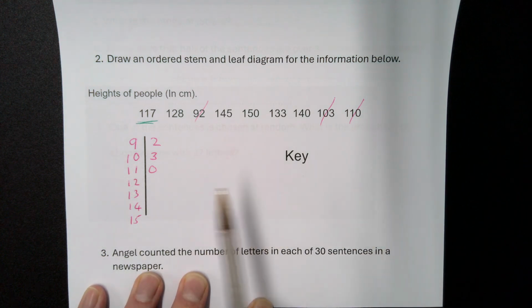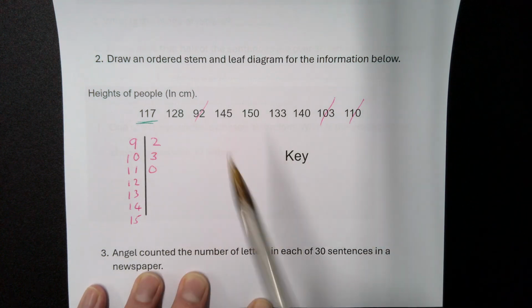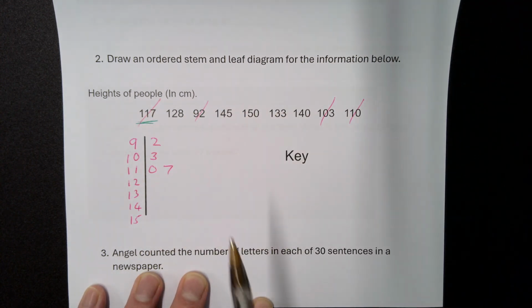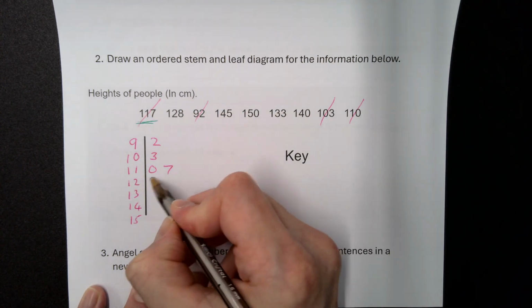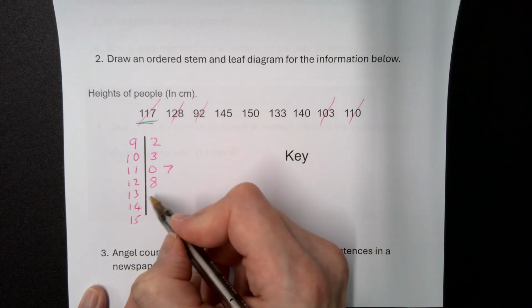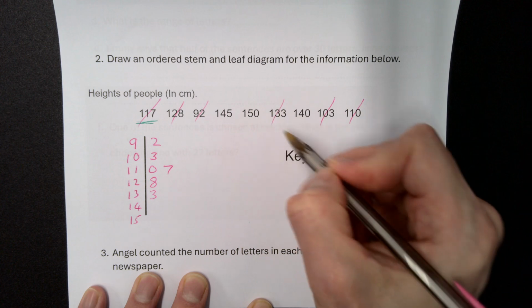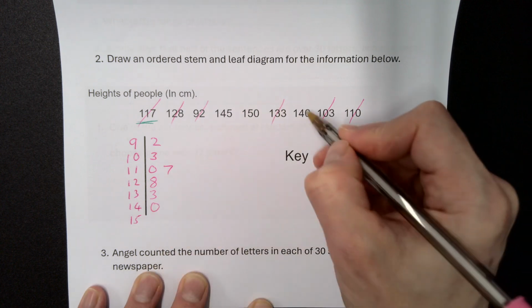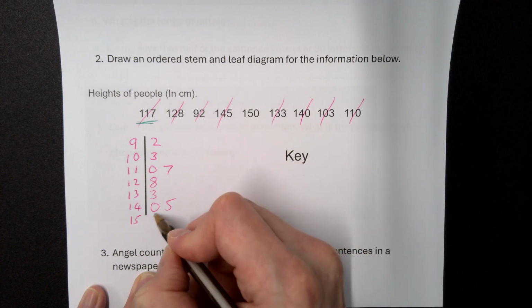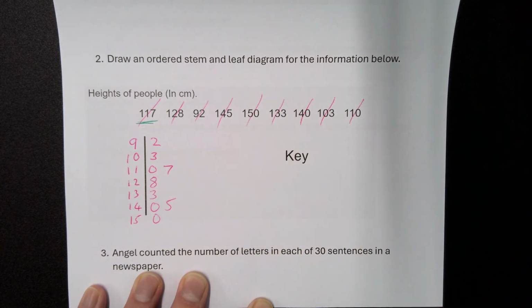Our next smallest is 117. So I put a 7 in there. Put a line through. Right, 128. 133 goes in there. 140. 145 and 150 will go at the bottom.